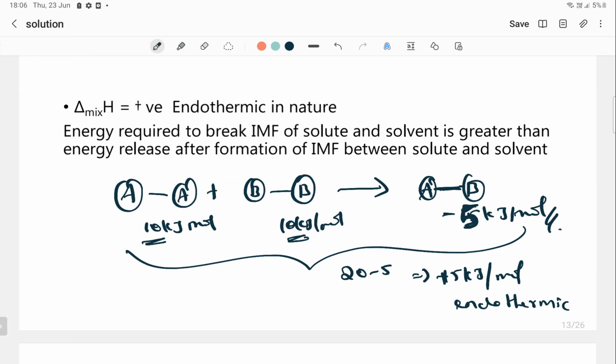Whatever you're taking, when endothermic reactions happen, you're giving the energy for that molecule to break the bond, which is positive in nature. Yes. Okay, so it is negative. Yeah, change in enthalpy.